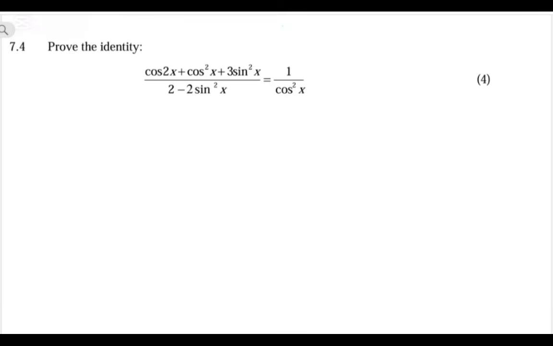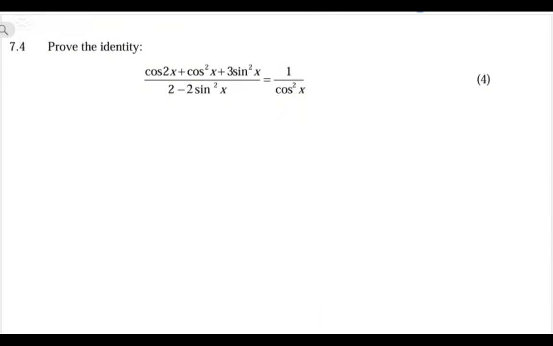So 7.4, they say prove the identity, which is this one that is there. You can either prove that this side is equal to this, or you can prove that this one is equal to the other side. You can pick any one that you like. But what I will always advise you is to choose the side where you're going to change a lot of stuff.